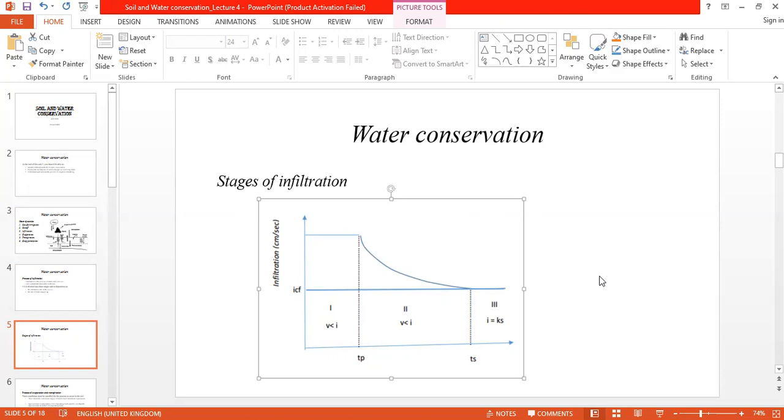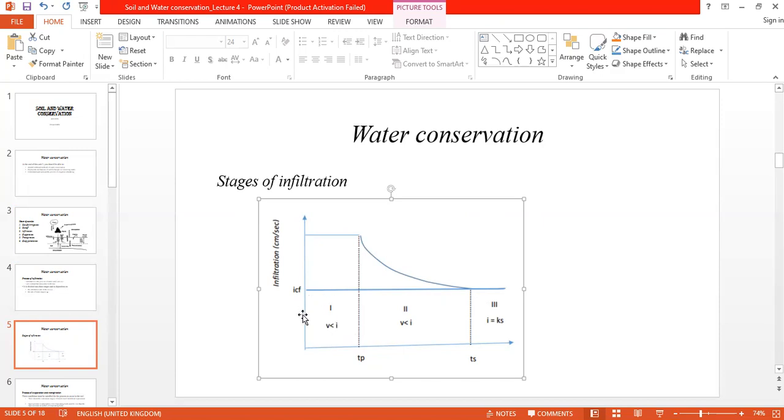So these are the 3 stages of infiltration. V is less than 1. V stands for... So here we're saying V is less than I, the irrigation.